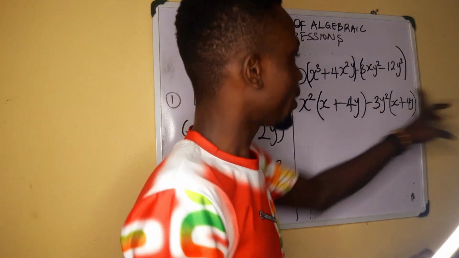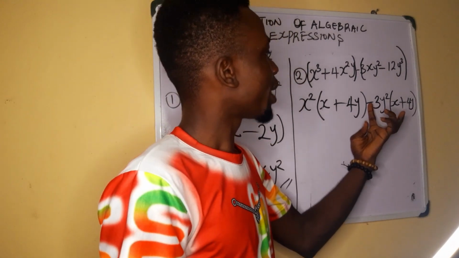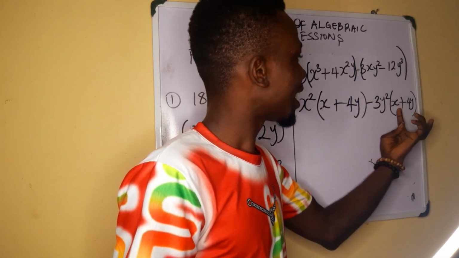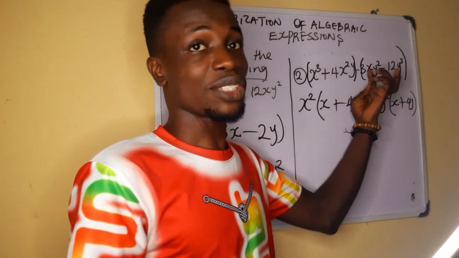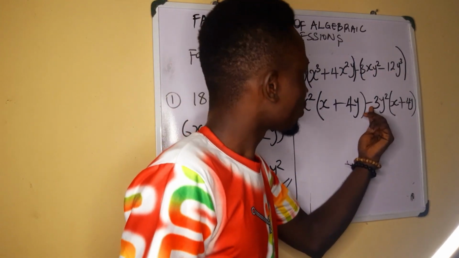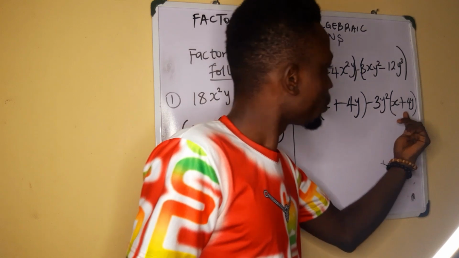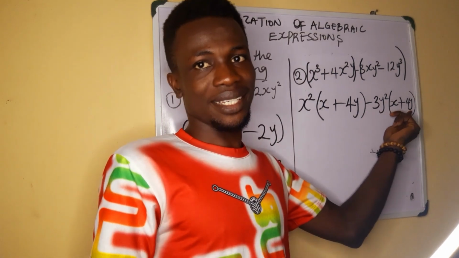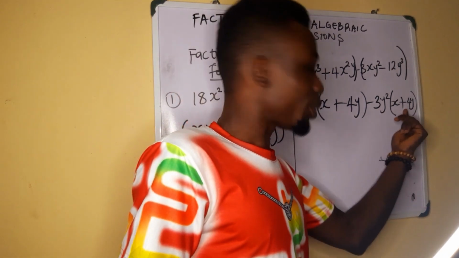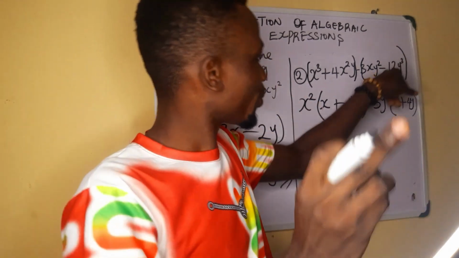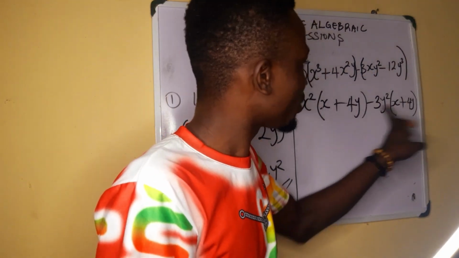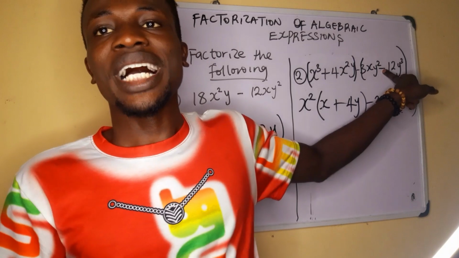If I decide to multiply this back, it is going to be minus 3y squared times x. It will give me minus 3xy squared. Then if I put minus 3y squared times positive 4y, the minus here will multiply the plus here to give me minus. But if I put minus here, it will change to plus, which is not what we have originally.